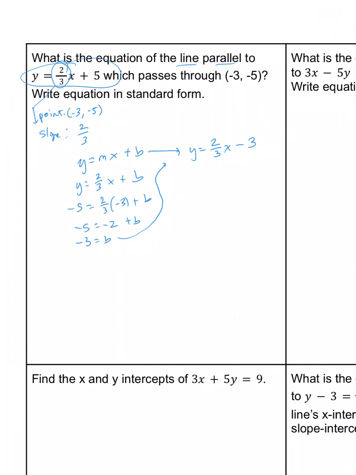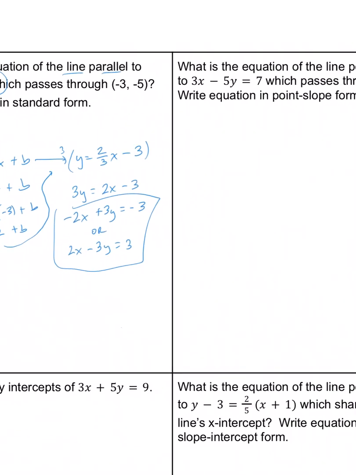And now I'm going to pause again and finish out the standard form. And that's what this would look like. Now again, if your Algebra 1 teacher really stressed to you that the a term must be positive, that's fine. You could actually write this as 2x minus 3y equals +3 by multiplying both sides by -1. Either one of these answers would be acceptable for me.